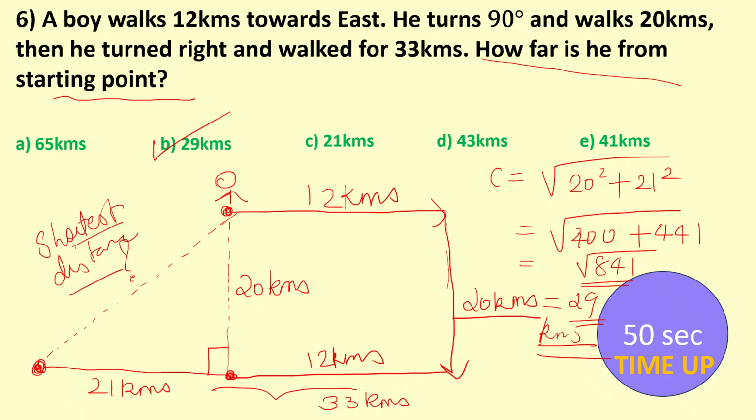Okay. Learn the squares from 1 to 50. Okay. Squares. You need to know 1 to 50. Cubes from 1 to 30, or you can learn till 1 to 20. Okay. You need to know this.